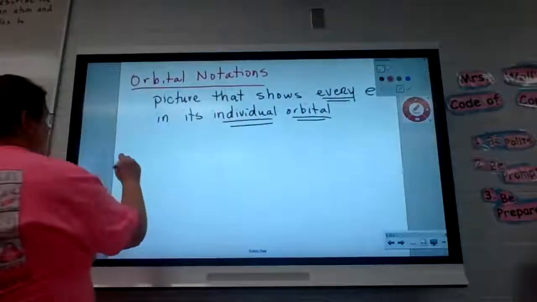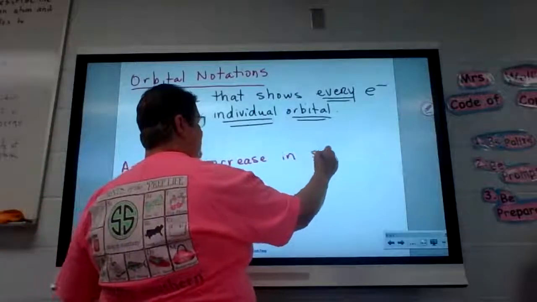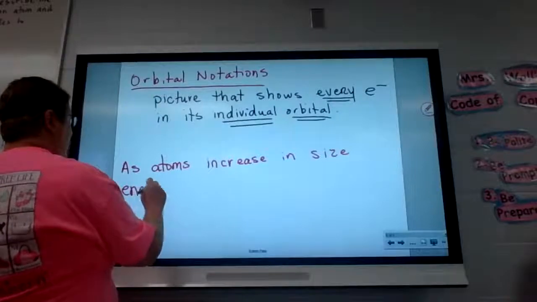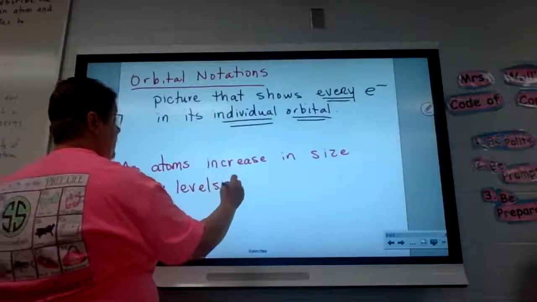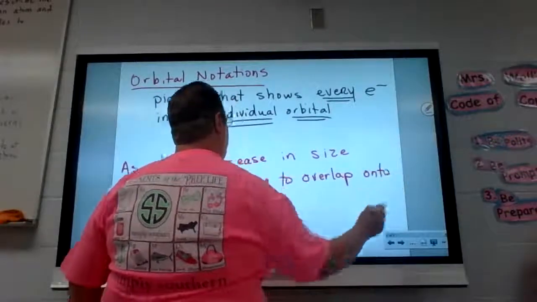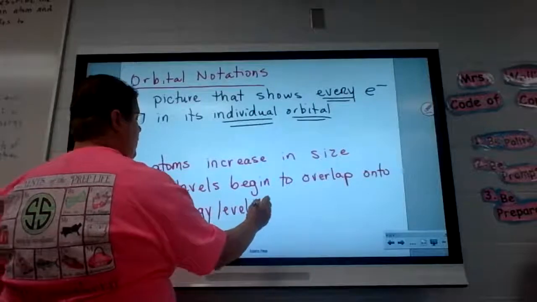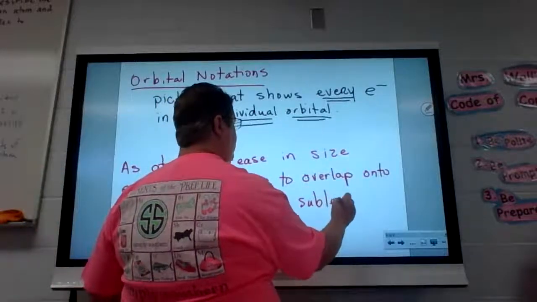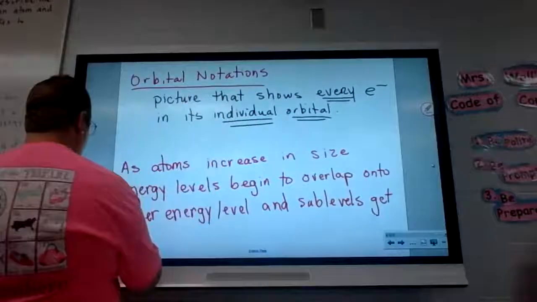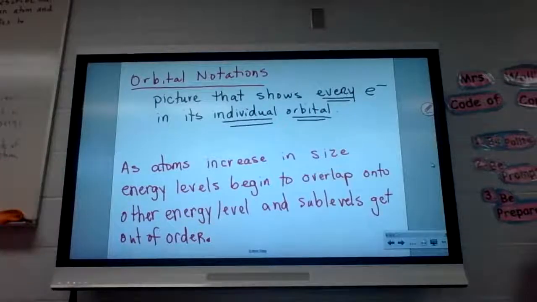Because as atoms increase in size, energy levels begin to overlap onto other energy levels, and sublevels get out of order.